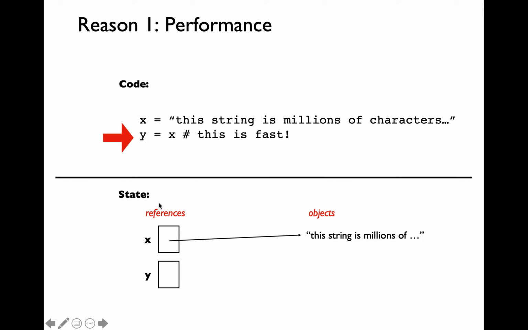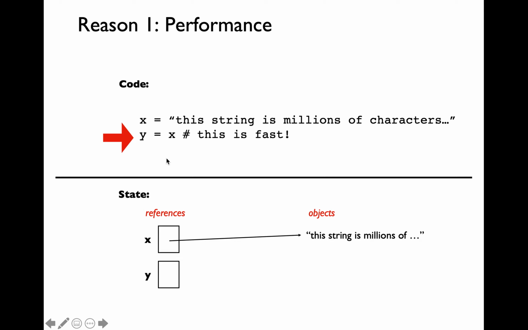Let's go through the visualization for this example. We are going to create this very large string object instance in the heap memory. We'll be adding a reference to that particular string object instance from the x variable by drawing an arrow from the x variable box to the string object instance.